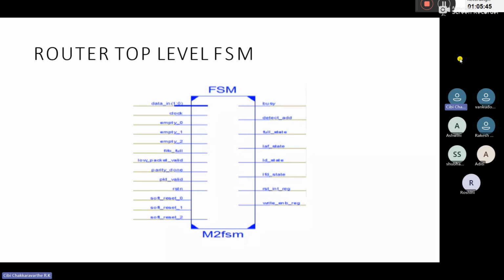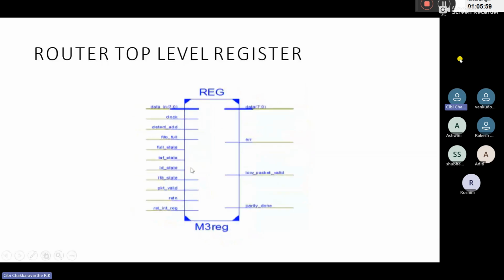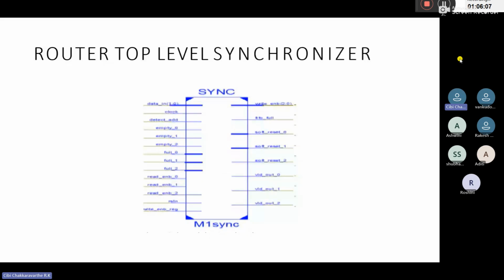After the address decode state, what is our next state? It is LFD, that is load first data. FSM has that information, and according to that information, it will assert the signal in the register. See, in the register we have LFD here. This is the use of FSM.